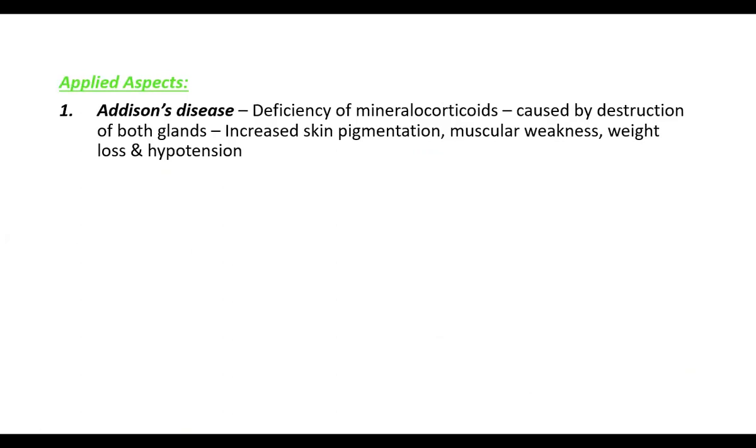Here, just to show the importance of the adrenal gland, even though it is a very small gland, it has very important functions and is clinically important. One is called Addison's disease. This is because of the deficiency of the mineralocorticoids. What are the mineralocorticoids which you have already seen?